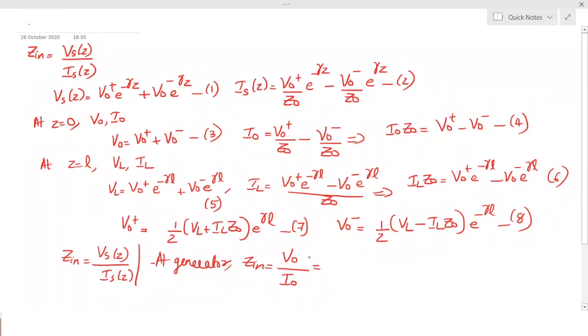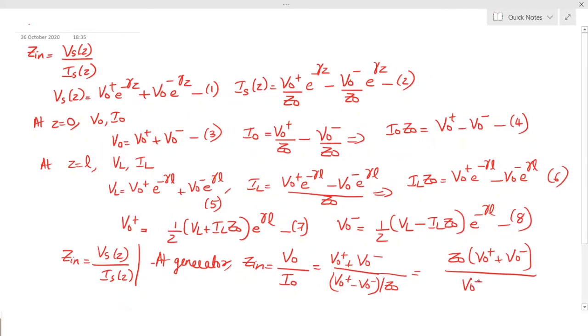From equations 3 and 4, V0 is V0 plus plus V0 minus, and I0 is V0 plus minus V0 minus divided by Z naught. This will be Z naught into (V0 plus plus V0 minus) divided by (V0 plus minus V0 minus). You are getting the input impedance equation.